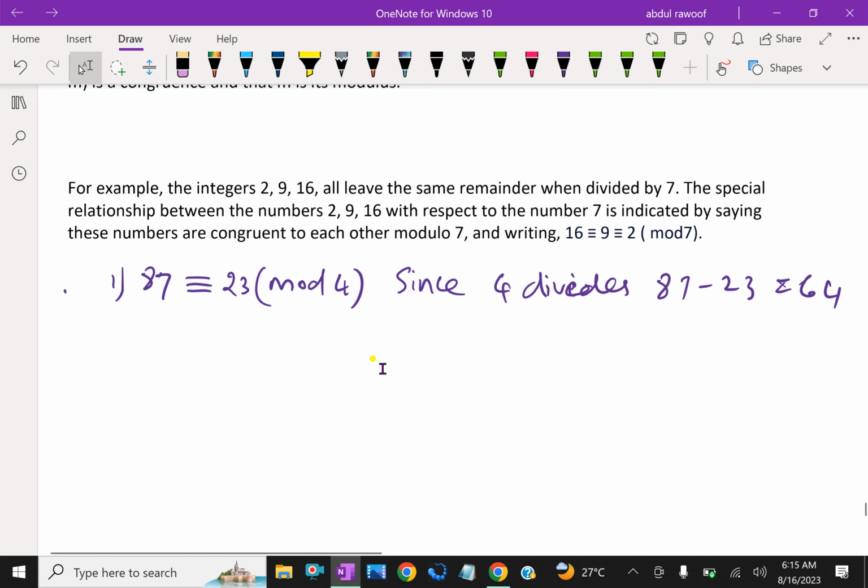That means if you subtract 23 from 87, you get 64, and 4 divides 64.